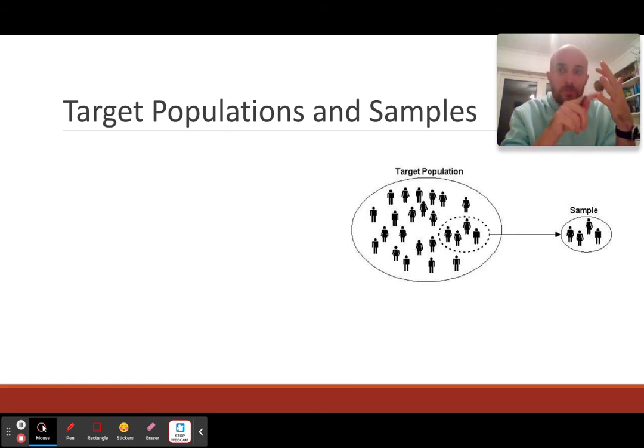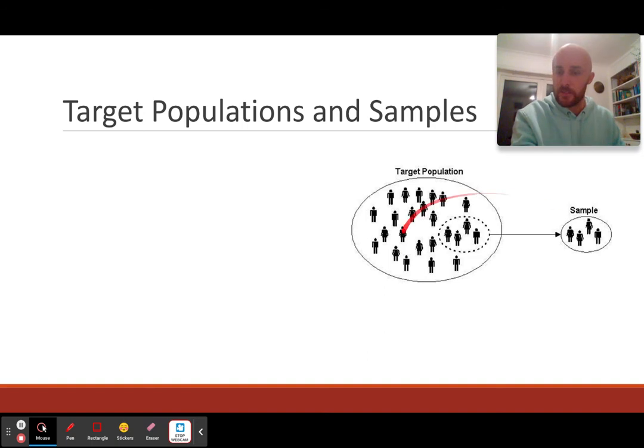So with those 2 things in mind, what we aim to do is we aim to take a representative sample from that target population. They need to be representative in size. They need to be representative in ethnicities and genders and sexes and religious beliefs and so on and so forth.